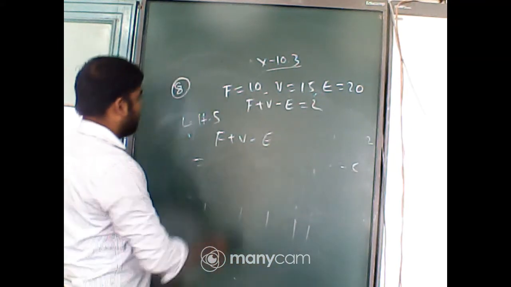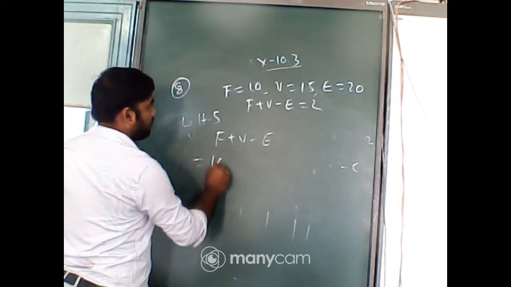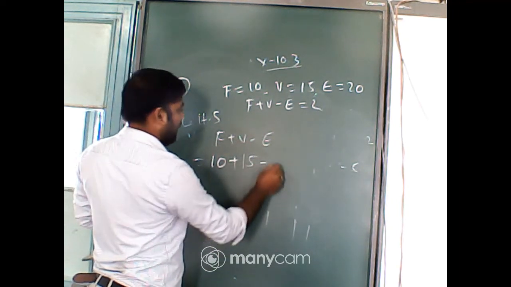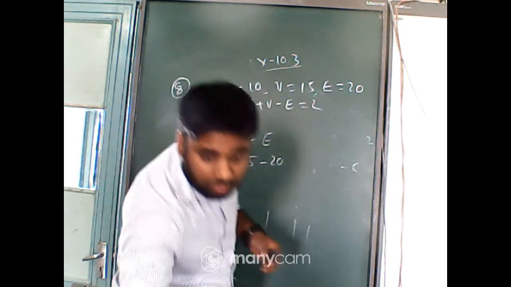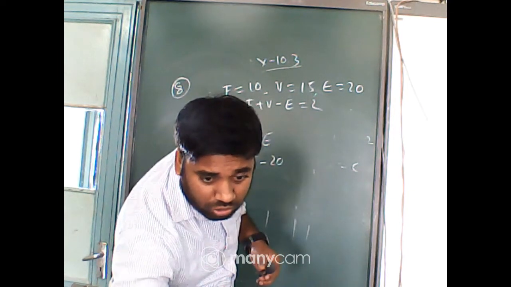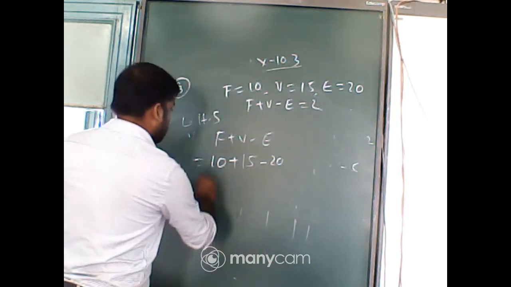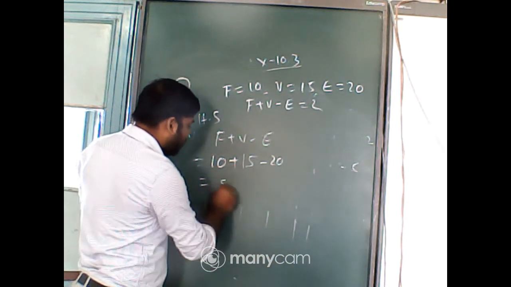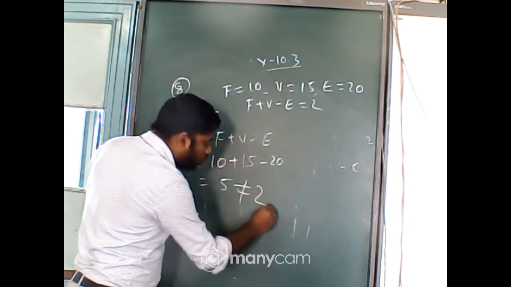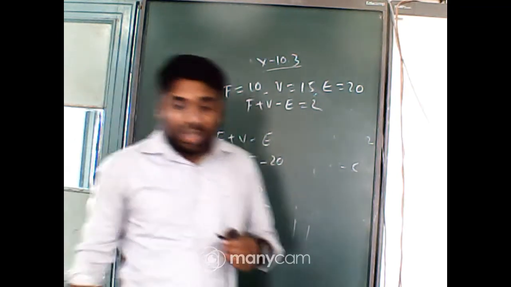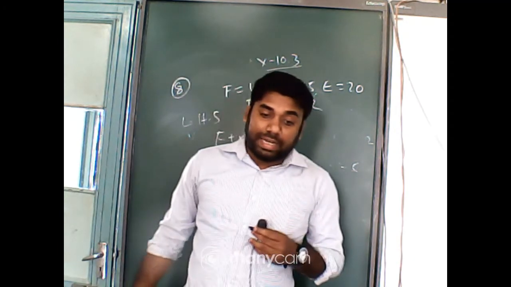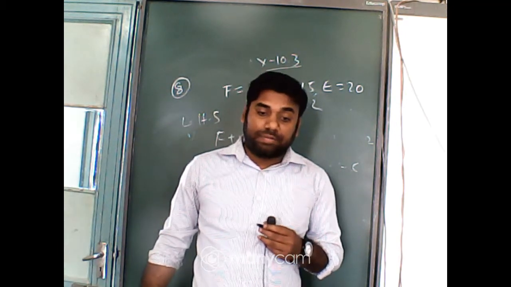So F is 10, V is 15 and E is 20. So you will get 10 plus 15, 25, 25 minus 20, so that is 5, which is not equal to 2. So that polyhedron cannot have 10 faces, 20 edges and 15 vertices.